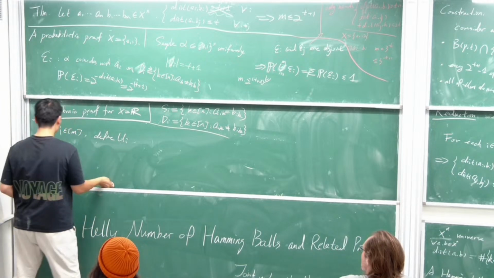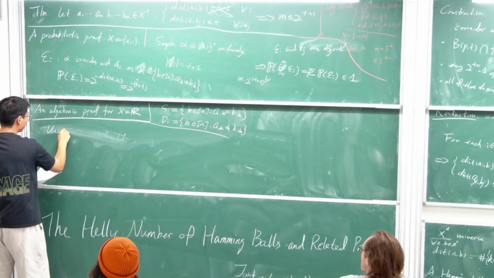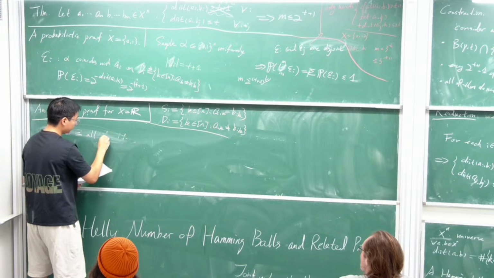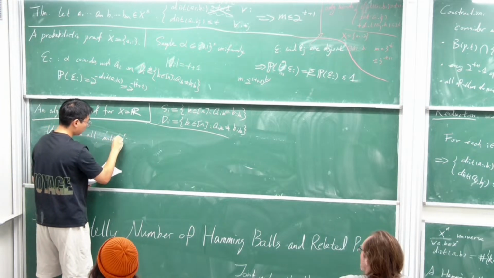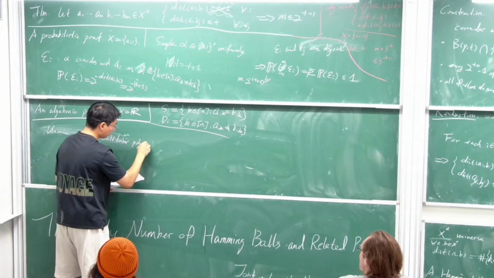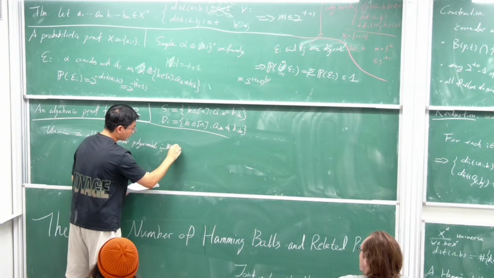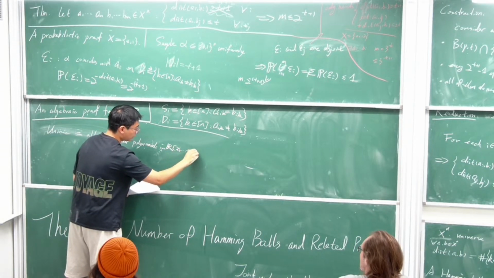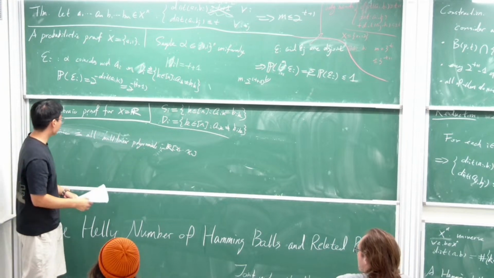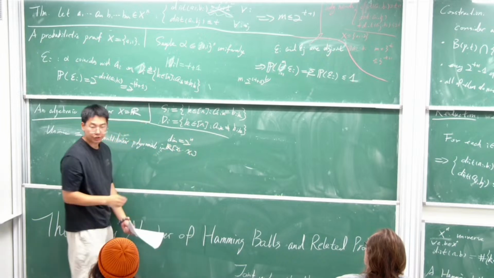Let's think of the universe now as all the multilinear polynomials in R[x1, up to xn]. Then the dimension of this space is 2 to the n by nature.